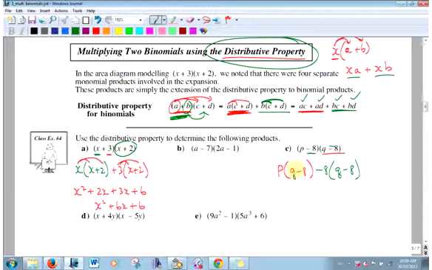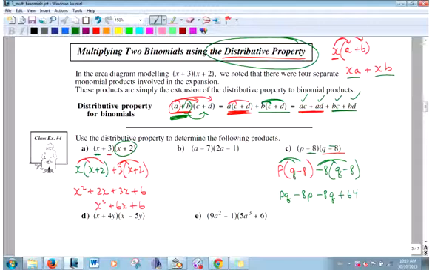Okay? So I got PQ. P times negative 8 is minus 8P. Negative 8 times Q is minus 8Q. And negative 8 times negative 8 is positive 64.